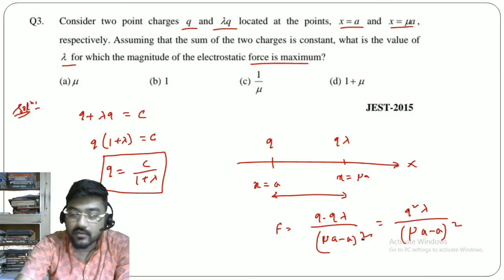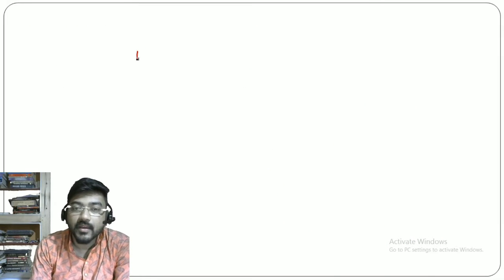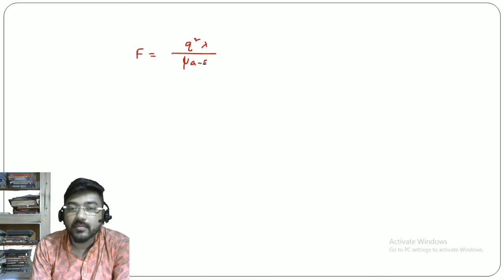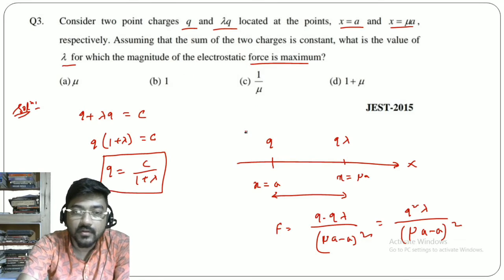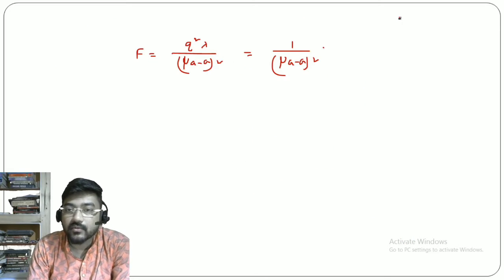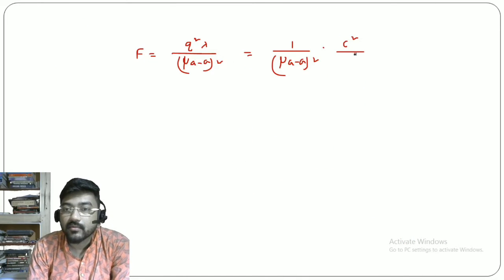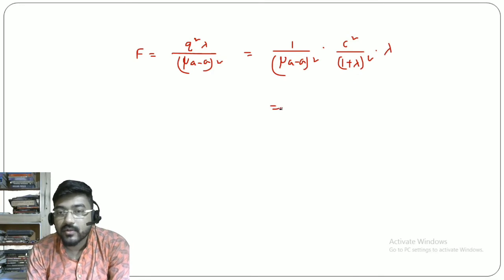We have force F as q square lambda divided by mu a minus a whole square, and that will be 1 by mu a minus a whole square into c square upon 1 plus lambda whole square into lambda. So c square upon mu a minus a whole square is constant, and the only variable is lambda upon 1 plus lambda whole square.